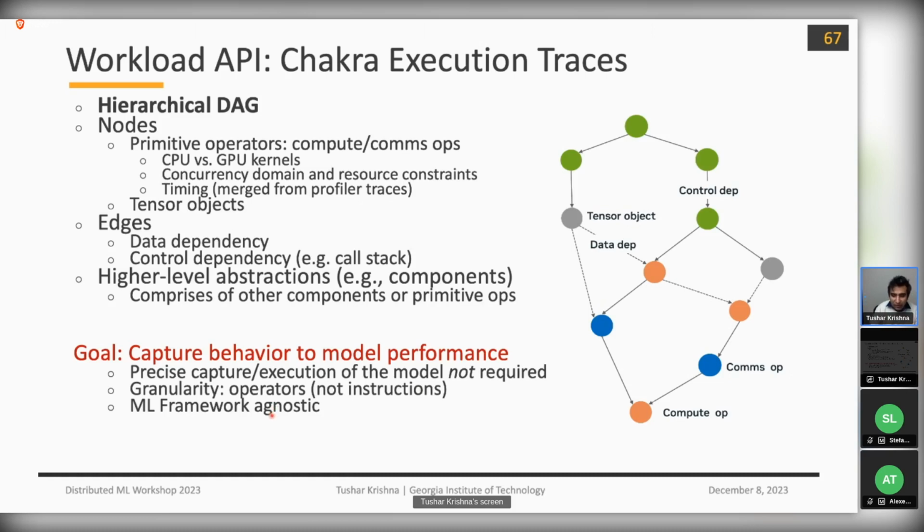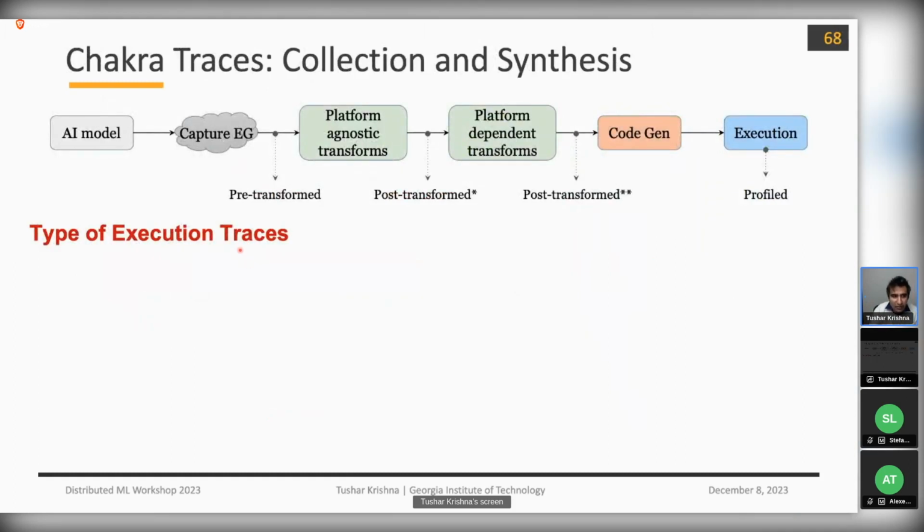Just to explain this with another example: if you have an AI model, we want to run this model on a real system, capture the exact workload in a distributed manner via this execution trace, and then start performing some platform agnostic and platform dependent transformations and then execute it.